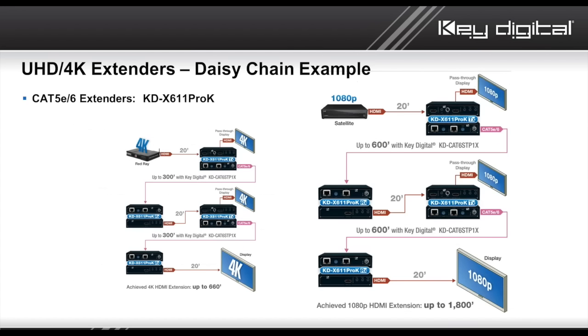Here are your daisy chain examples. Daisy chain is possible on the 600 or 611 at 4K or 1080p. Of course, your distances are all that will differ. So here's our example. We'll take a look at the larger image, the 1080p source, outputs, signal.